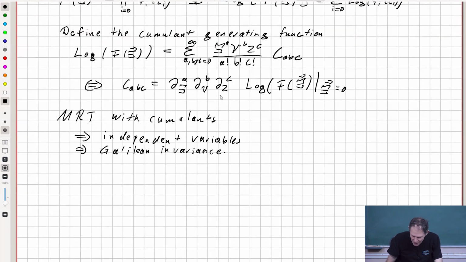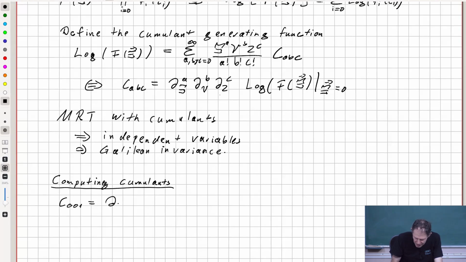Actually, it is not so bad as long as you don't try to calculate them directly. So how do you compute cumulants? Let's look at the cumulant c_001. This is the first derivative in zeta of the logarithm of f, evaluated at xi equal to 0.